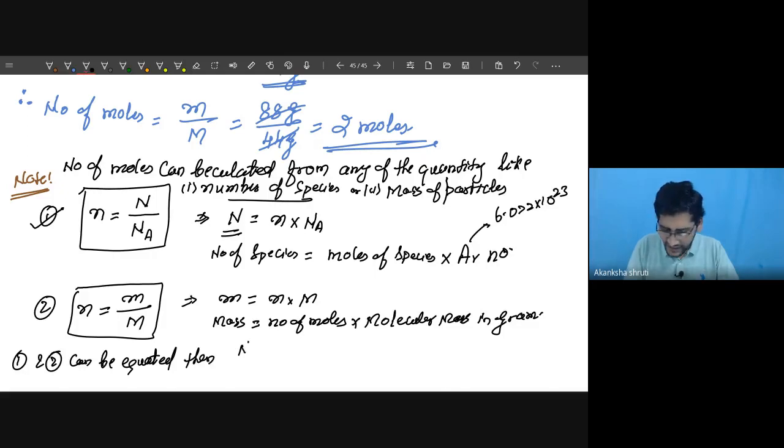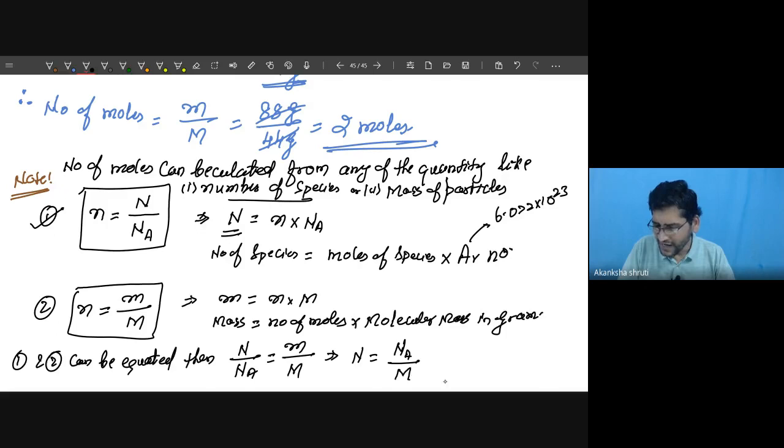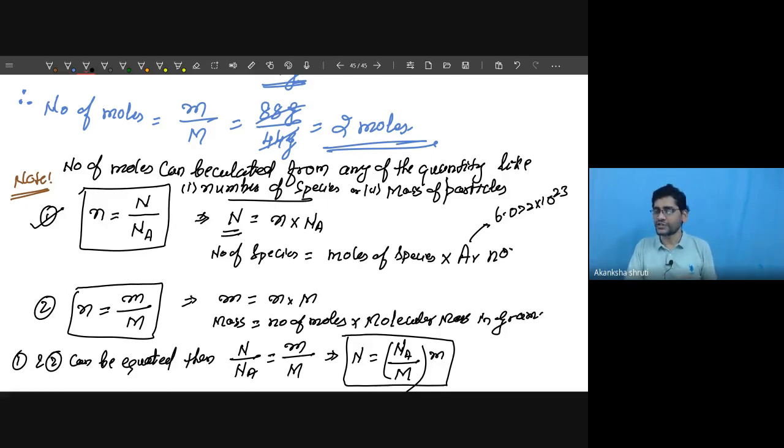Then we can write number of particles divided by Avogadro number is equal to mass of that particle divided by its molar mass. This means the number of particles can be calculated by bringing the Avogadro number divided by molar mass into the numerator, multiplied by the given mass. So it is the alternate way. It is nothing but just combining the two. Based on this, sometimes questions are also asked.